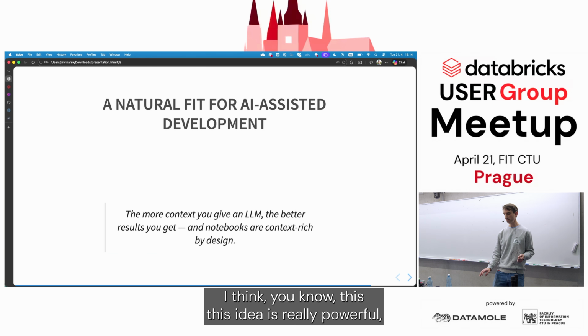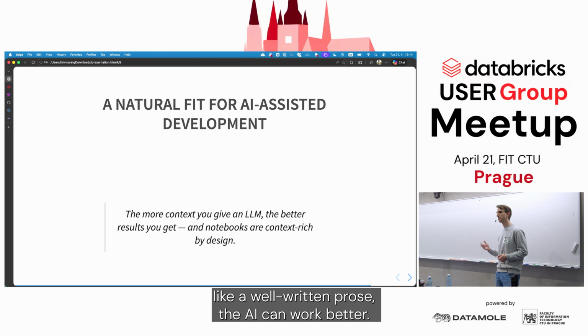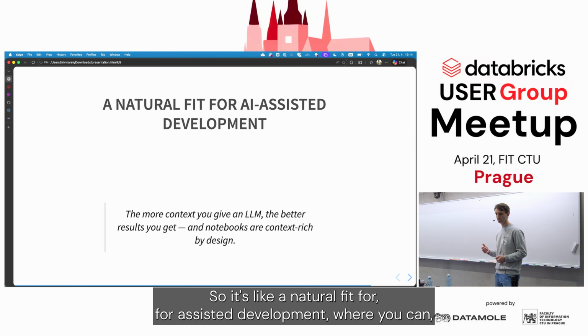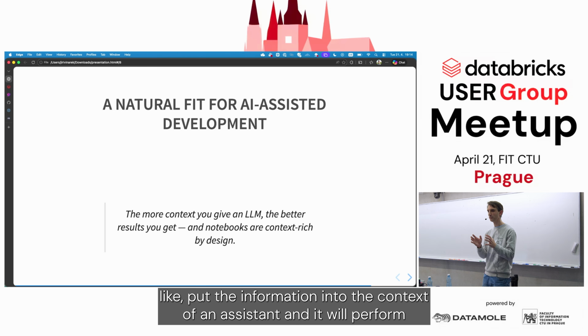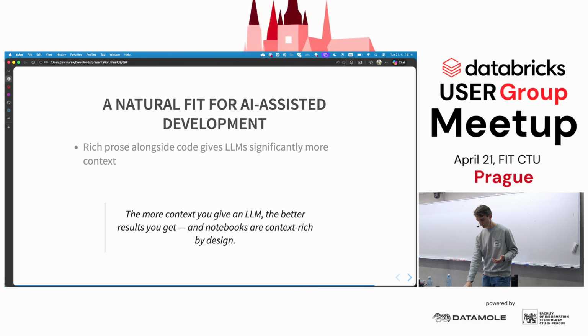I think this idea is really powerful, and it's even more powerful now with AI, because through well-written prose, the AI can work better. So it's a natural fit for assisted development, where you can put the information into the context of an assistant, and it will perform better when the code is well documented in the notebook.